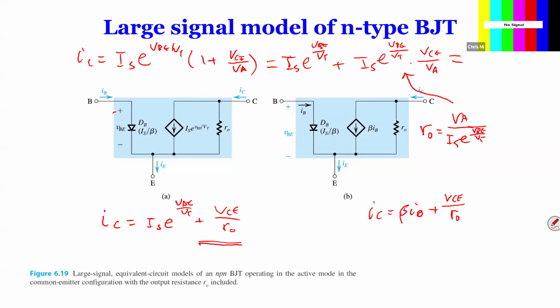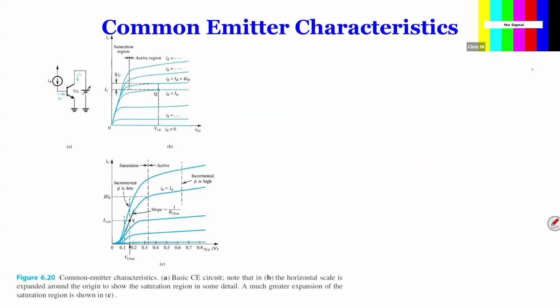You can see, right? It's IS e to the VBE over VT plus VCE over RO. So just replace that whole term, because VA is now on top, so it becomes RO. Yeah. So we got that.